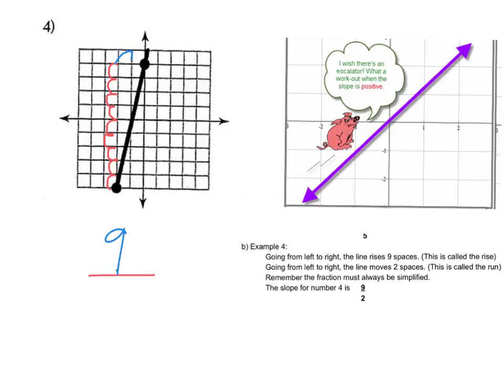I go over 1, 2. 9 over 2 is the slope of this line. That's a very steep line. Imagine trying to climb that, or bike up it, whatever. So the slope here is 9 halves: up 9 and over to the right 2.